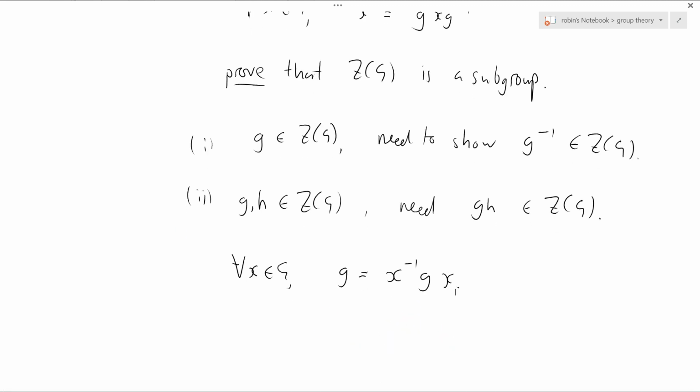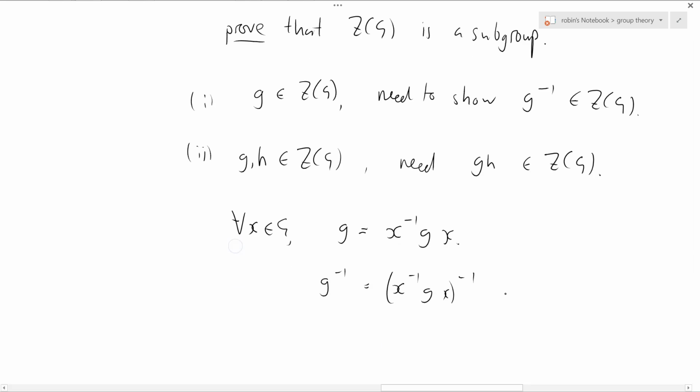And so all we do is take an inverse of that. g minus 1 equals (x minus 1 gx) all to the power minus 1, which equals x minus 1 g minus 1 (x minus 1) minus 1.